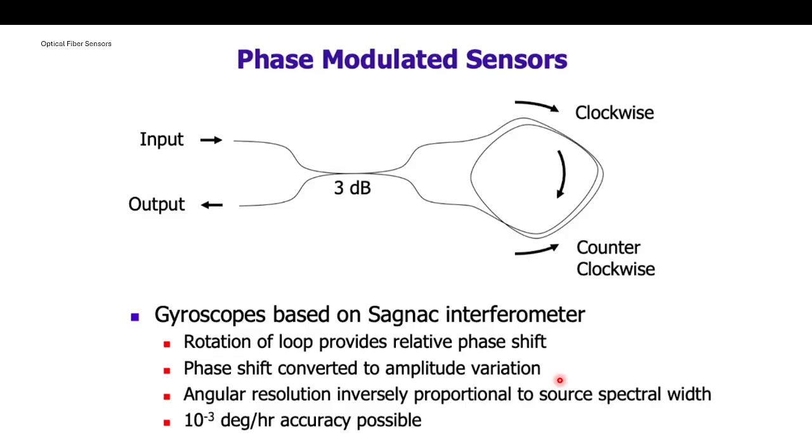The phase shift can be converted to amplitude variation and used for very high accuracy measurement of the angle.